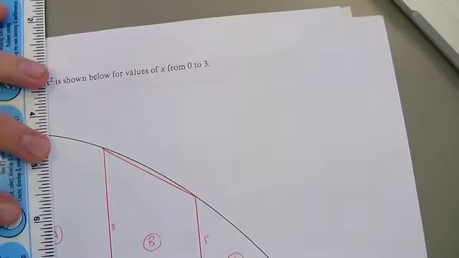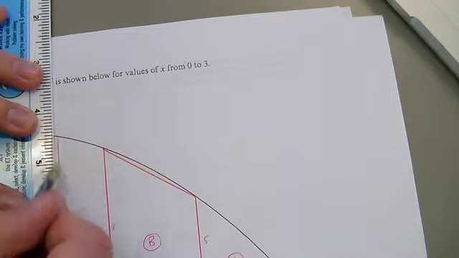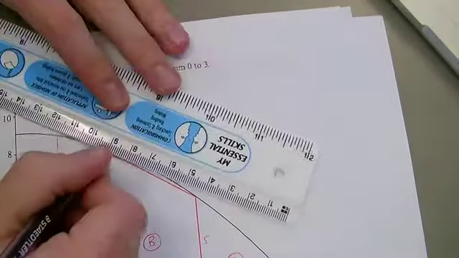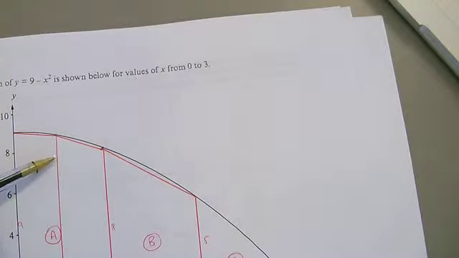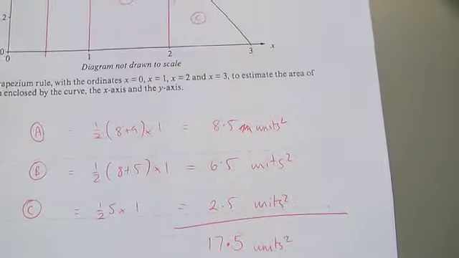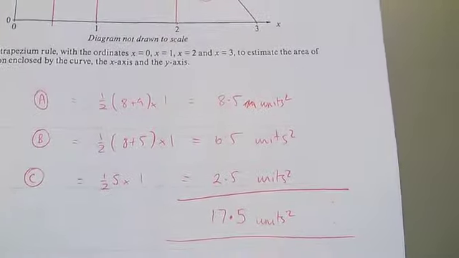Whereas if I chop this into 2 pieces, if I chop those into trapeziums, look how much wasted space there is now. When I did it into more spaces, there's hardly any at all. If I chop them into even more spaces again, even more accurate again. But they'll tell you what to do, and you don't need to really worry about that, but it might ask you how can you make it more accurate, and all that is cut it into more pieces.